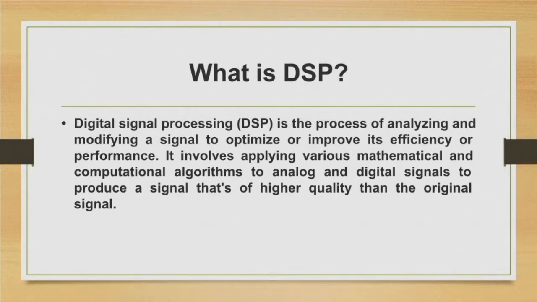Look at the definition: DSP is the process of analyzing and modifying a signal to optimize or improve its efficiency or performance. The main role of DSP is to provide high quality signals, reduce the noise and suppress the distortion. So that's why we go for a DSP processor.